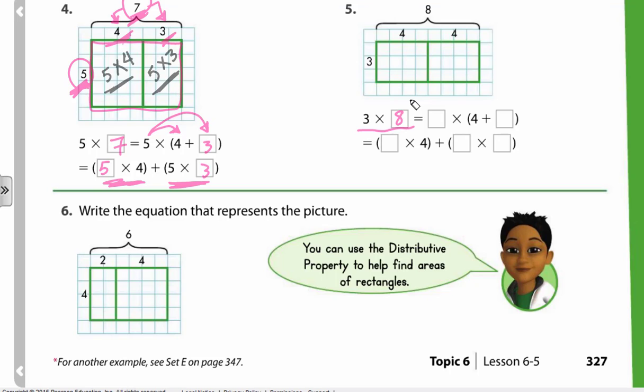Mahmoud? Yes, teacher. Okay, so we break the 8 into 4 plus 4. What should I write in the first square here?